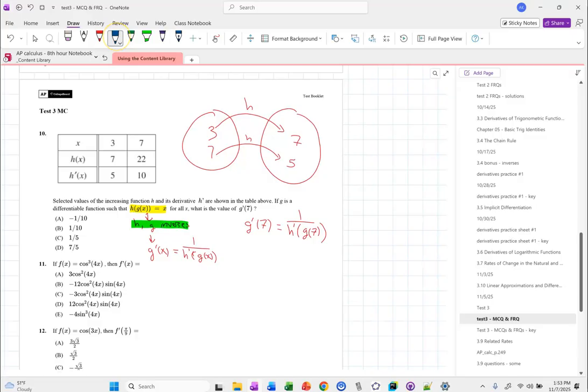Because they're inverses, g is going to send 7 back to 3 and 5 back to 7. So what is g of 7 going to be? 3. And then h prime of 3 is 5.